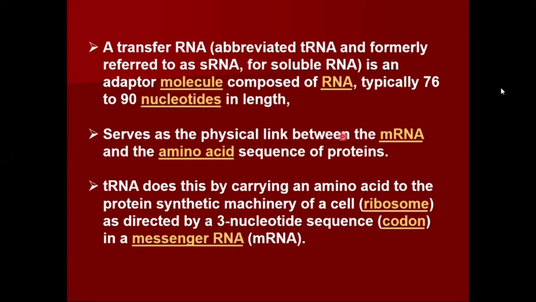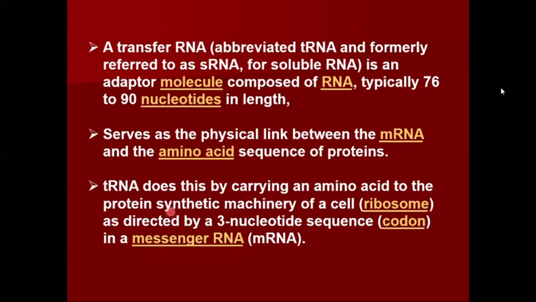And it serves as a physical link between the messenger RNA and the amino acid that it carries. Remember, tRNA is the carrier of the amino acid. Okay? And what do you have in the transfer RNA? Anti-codon that matches the codon in the messenger RNA.